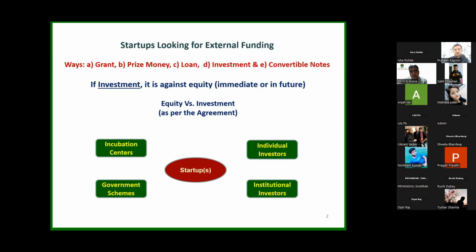Now, when you talk about other part, that is investment, it is like this, that someone or some firm or through some government scheme, they are coming to you and they are giving you some fund, say 50 lakh rupees, 1 crore rupees, 10 crore rupees. And what they are expecting is some equity against it.